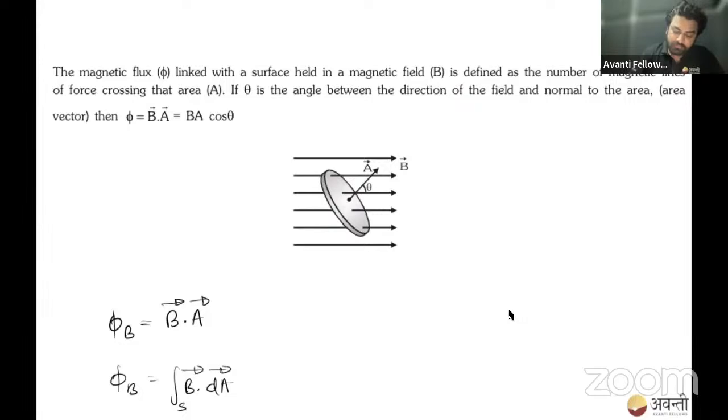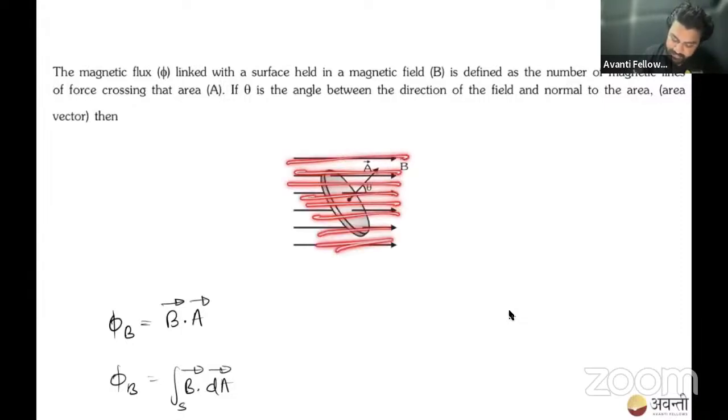I'll tell you the story of this BA or B dot A. For a small time, let's forget this BA. Magnetic field lines are there. This is the area.